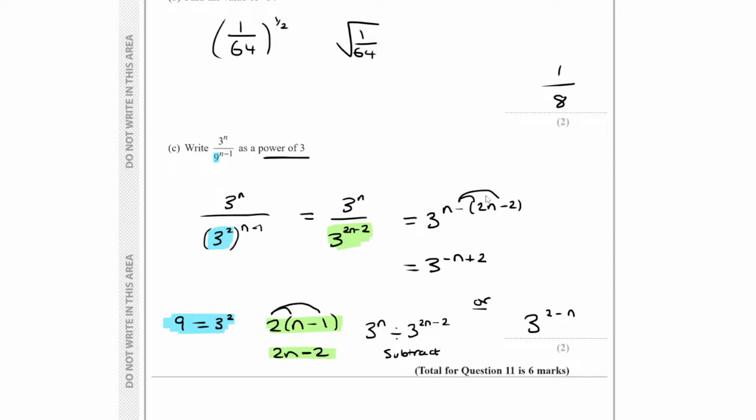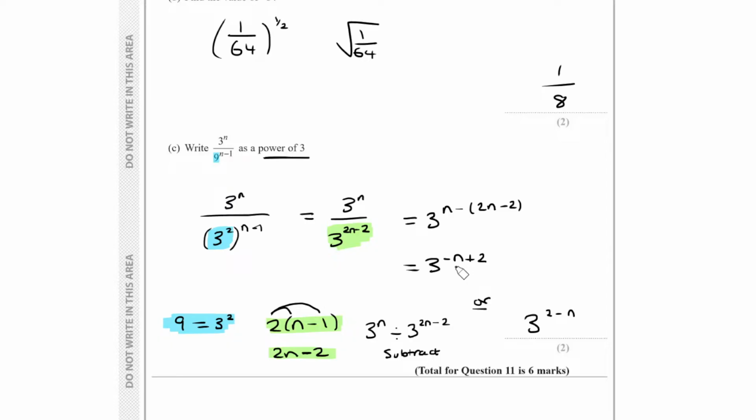So that's why over here, let me rub out this bit. That's why over here I subtracted the powers, right? So I did n subtract the whole of 2n minus 2, which means n minus 2n, which is negative n. And then because I have subtract minus 2, it becomes a positive 2 because it's a double negative.